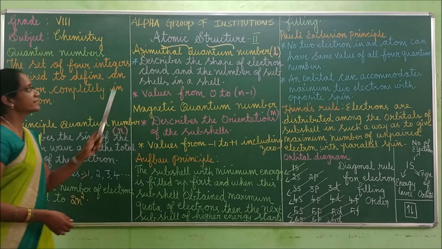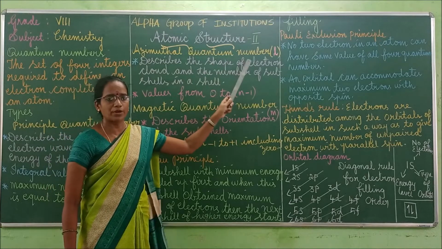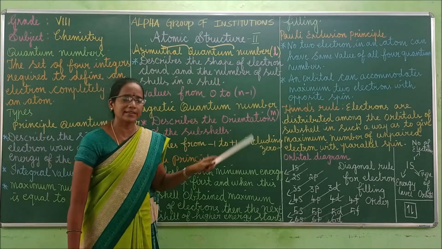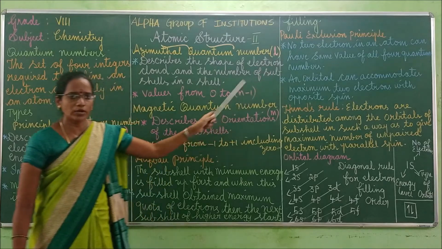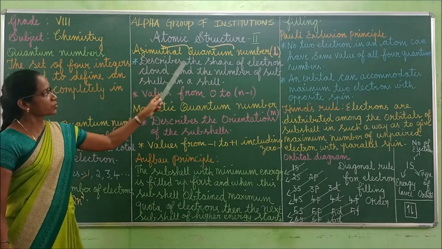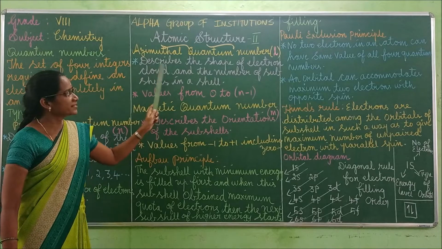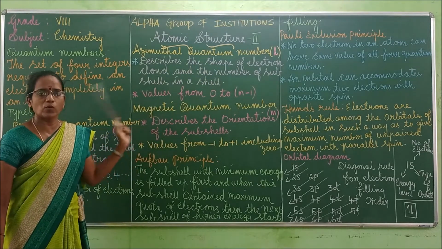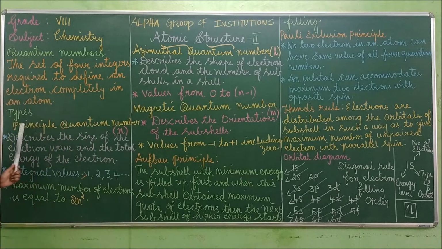Next one is the azimuthal quantum number. It is represented by the letter small l. The azimuthal quantum number describes the shape of the electron cloud. What we saw in the first one, the principal quantum number, describes the size of the electron wave.